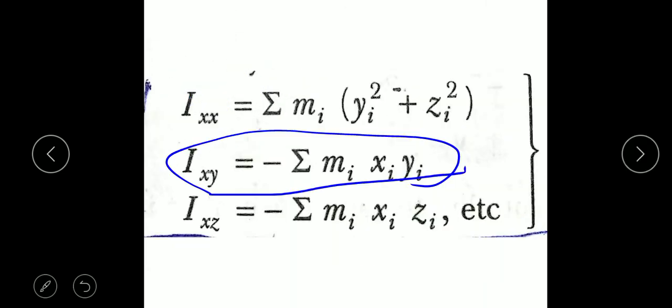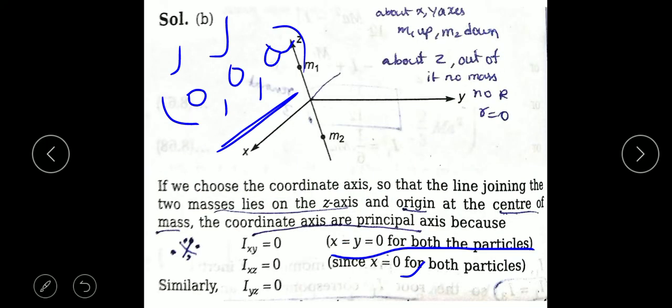Here mi, xi, zi are there. If xi is 0, then it would be 0, because 0 multiplied with anything is 0. Hence Ixz equals 0, and Iyz also equals 0 because y equals 0 for both the particles.